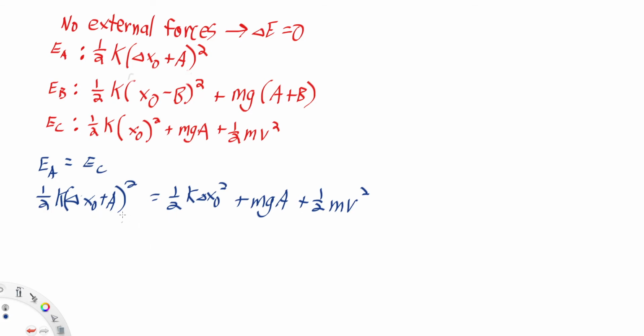So again, let's expand out the binomial on the right. Get 1/2 k delta x0 squared plus 1/2 ka squared plus k delta x0 a. And then everything on the right-hand side comes down for the moment.